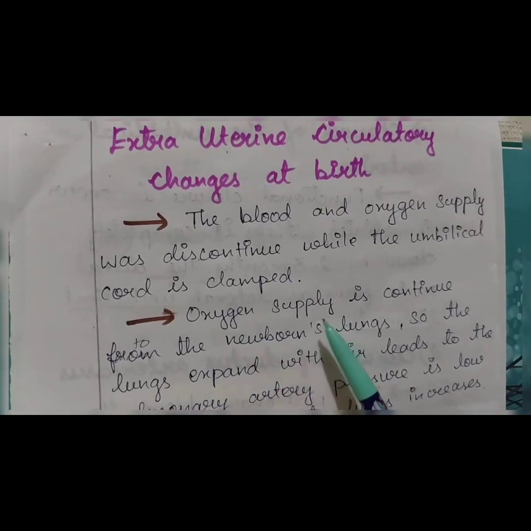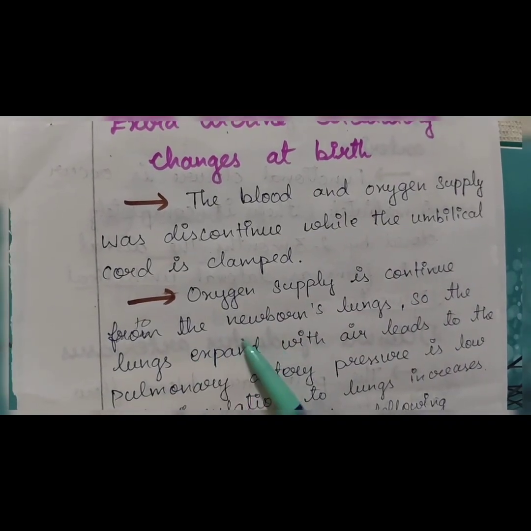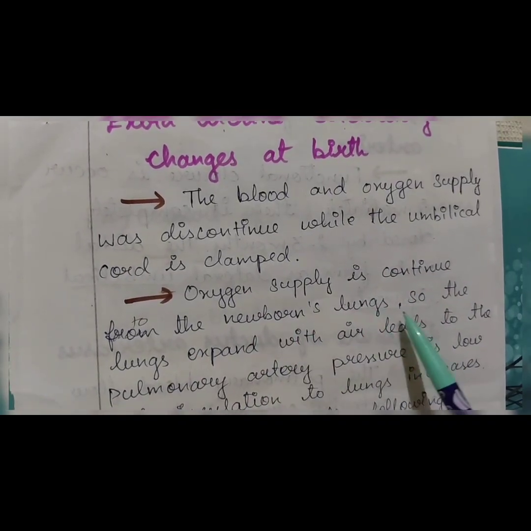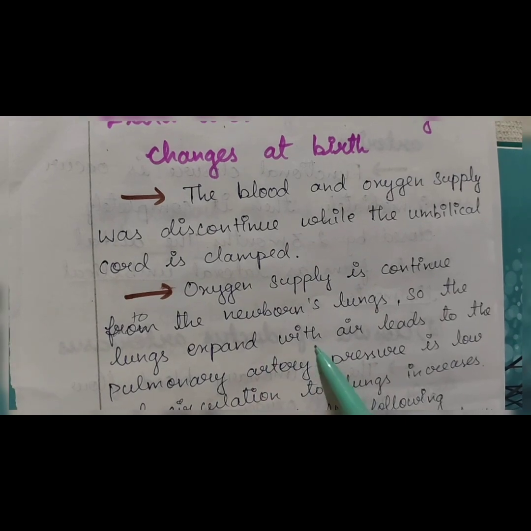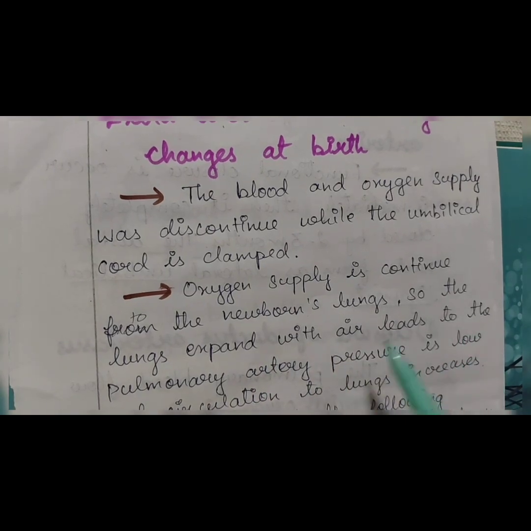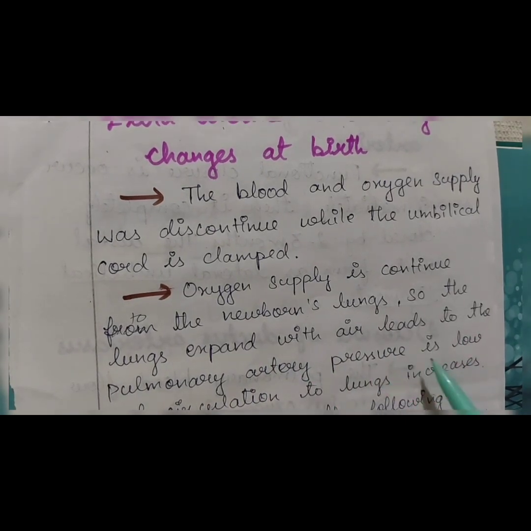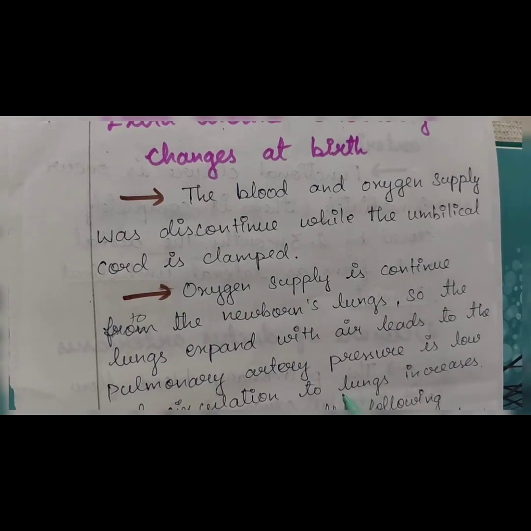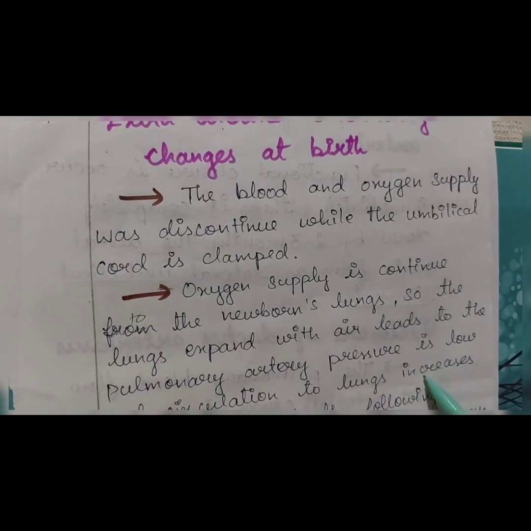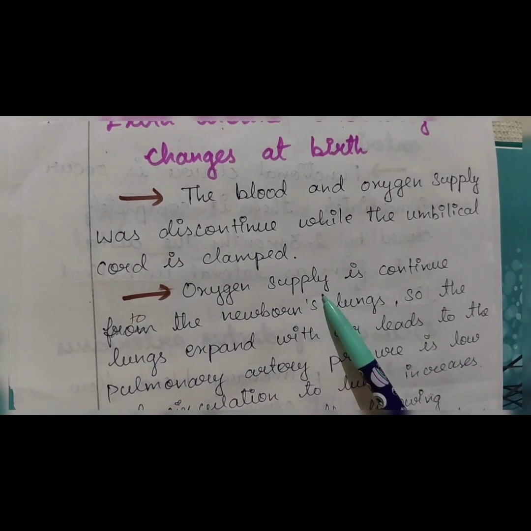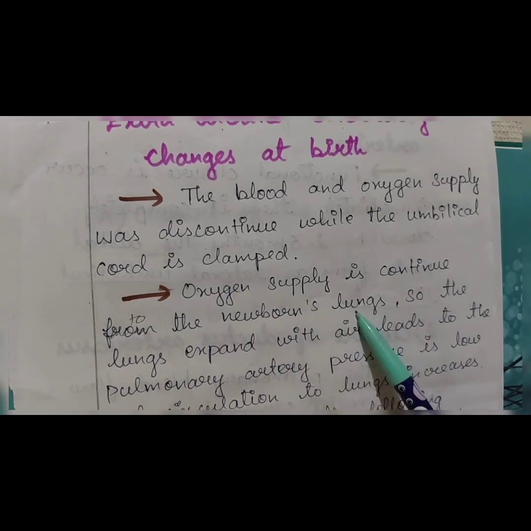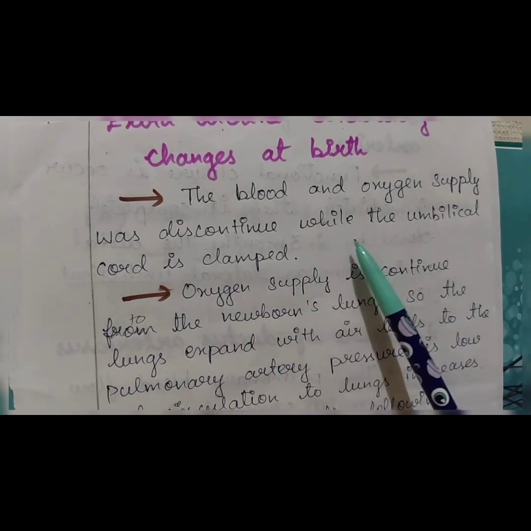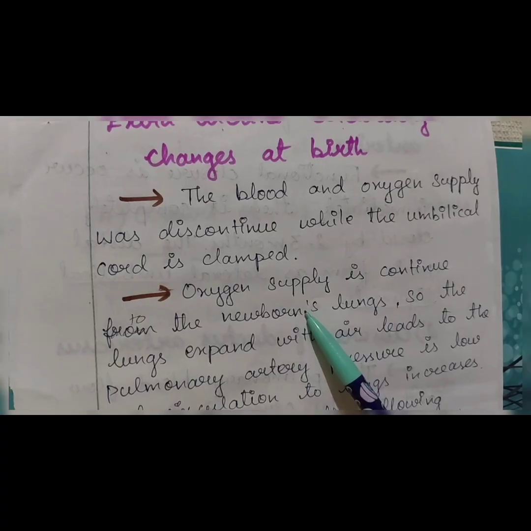Then oxygen supply continues to the newborn's lungs, so the lungs expand with air, the pulmonary artery pressure is low and circulation to the lungs increases. After the clamp of the cord, the lungs start to function.